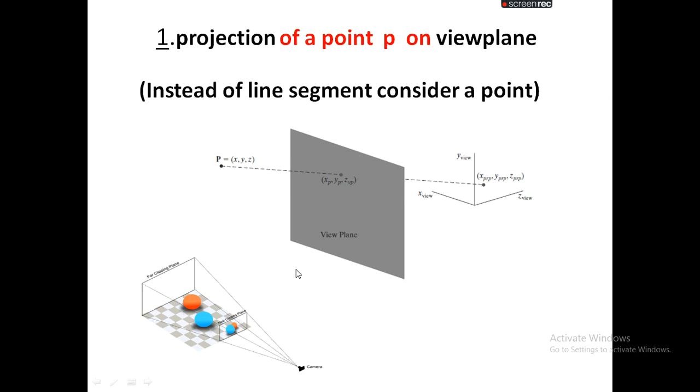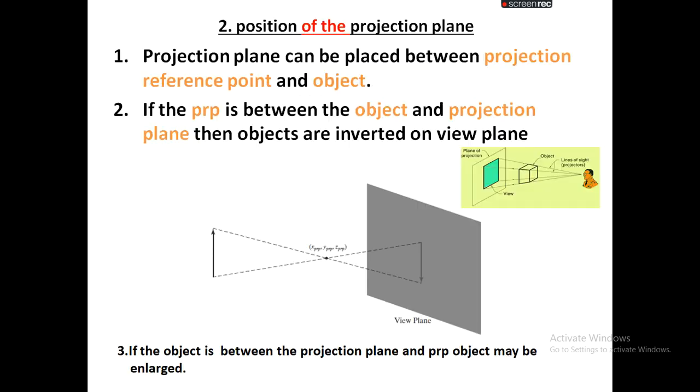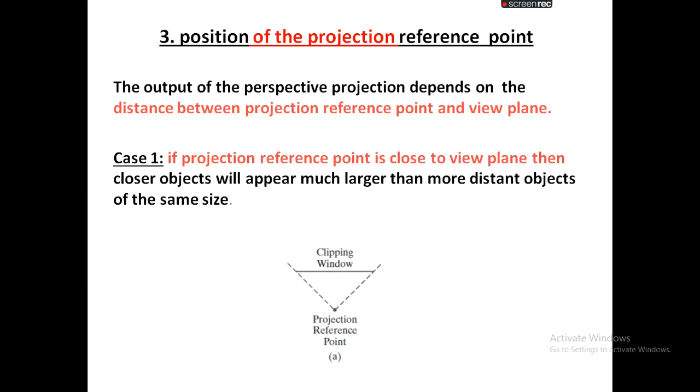I would like to derive it in the next video lecture. Second, we defined the position of the projection plane in our synthetic camera. Third, we need to determine the position of the projection reference point in our synthetic camera.